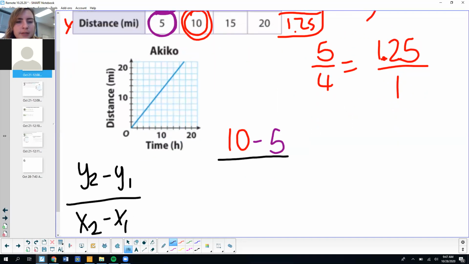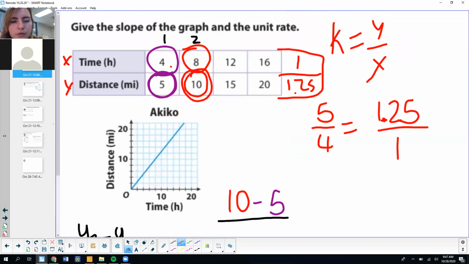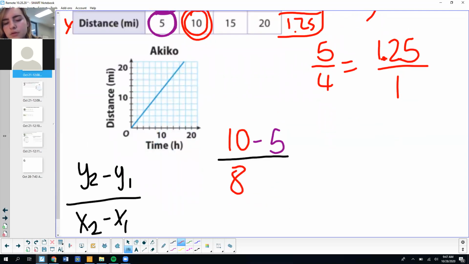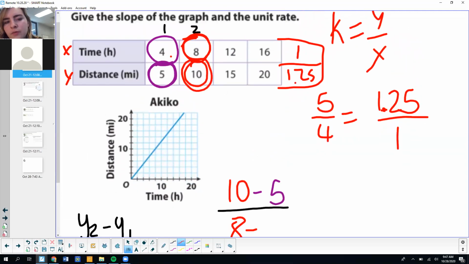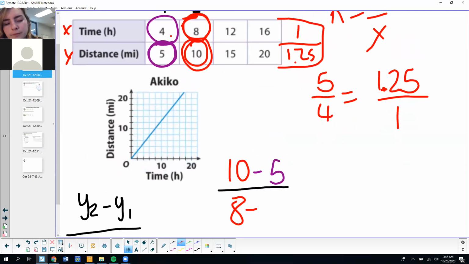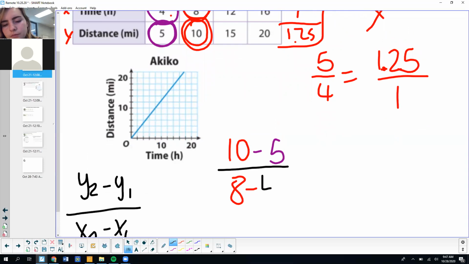Over x2 minus x1. So I'm going to look at x2. x2 is 8. And then x1 is 4. Oops, I'm going to make that purple. Minus 4. All right. So 10 minus 5 is going to give us 5. 8 minus 4 gives us 4.